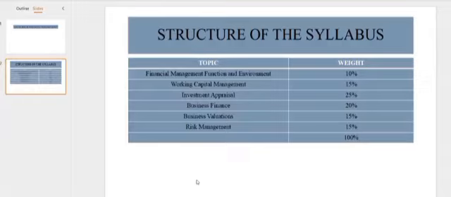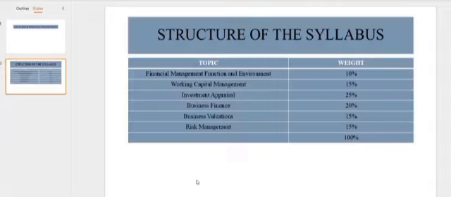So also, looking at the investment appraisal aspect of the syllabus, this aspect has the highest weight of 25%. What do we need to know about investment appraisal with regard to the syllabus? We need to learn how to evaluate projects.